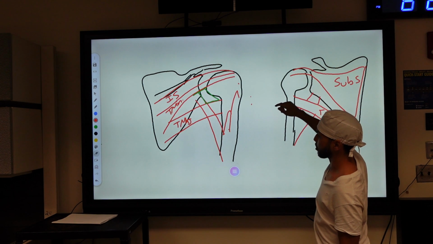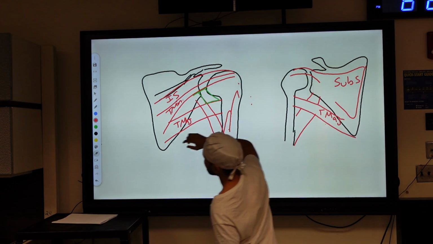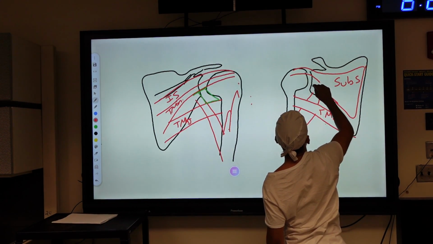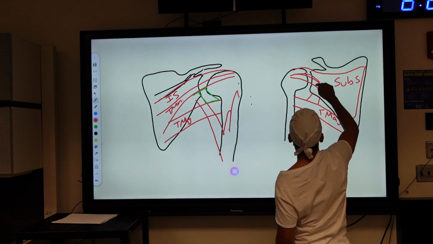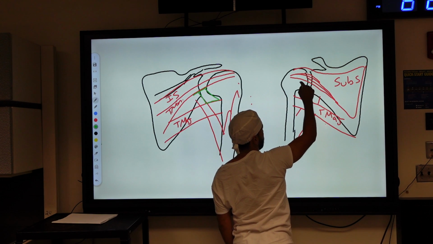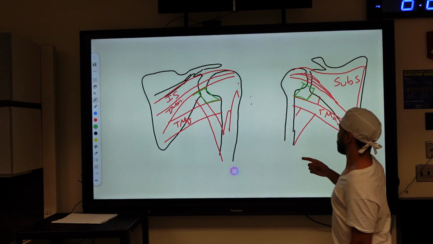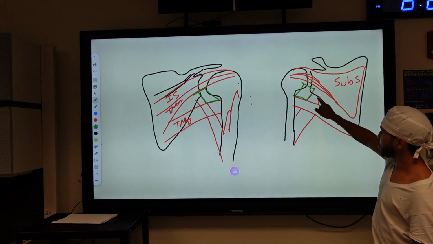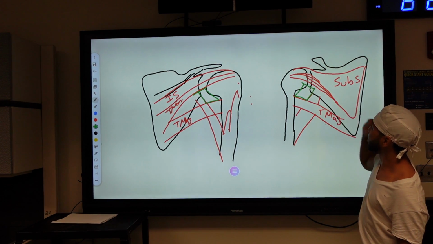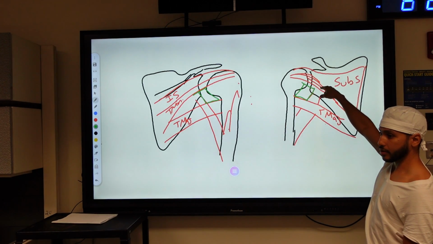So I should draw the subscapularis tendon a little bit larger, because it's larger realistically. Now we could see the four borders of this boundary formed again over here, right? So again, we have the long head of the triceps right here, the teres major over here, the neck of the humerus, but this time the subscapularis.